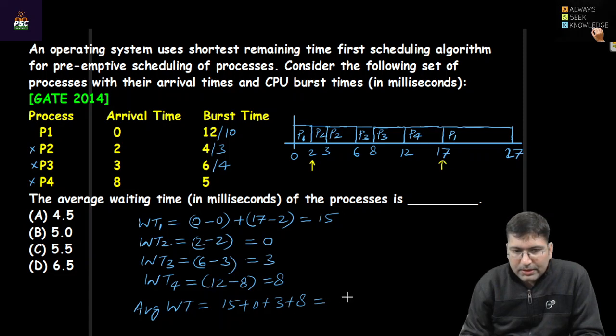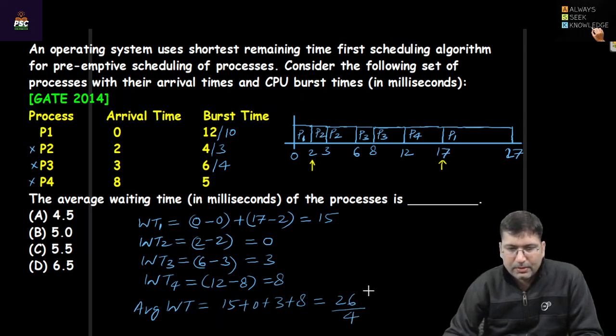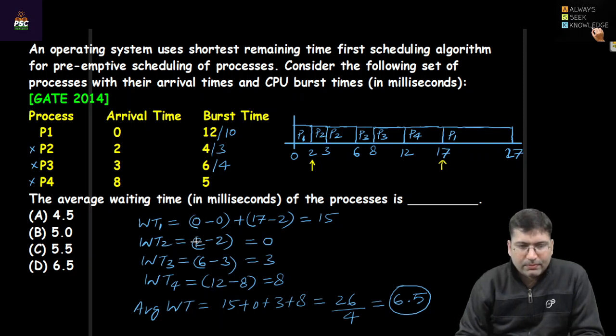So altogether it is 26 divided by 4, and that means 6.5. Okay, so 6.5 will be the average waiting time, so the answer will be D.